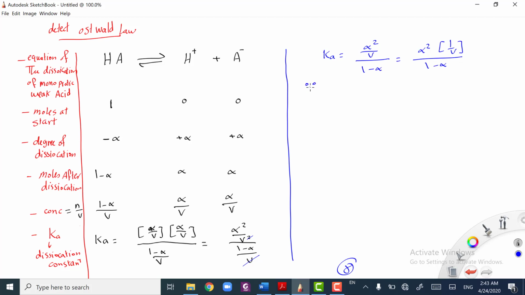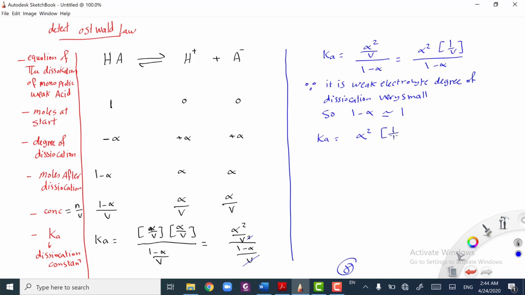Since it is a weak electrolyte, the degree of dissociation is very small, so 1 minus alpha is nearly equal to 1. So Ka equals alpha squared multiplied by 1 over V.